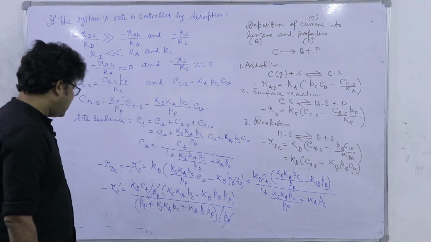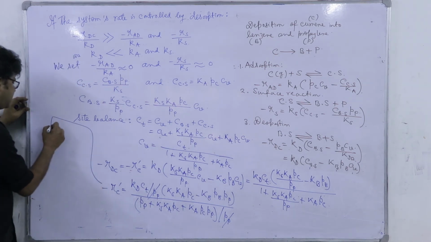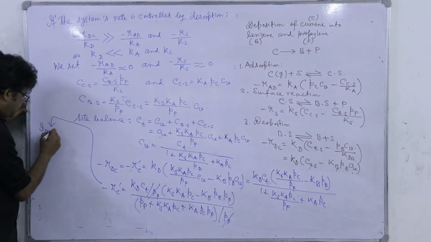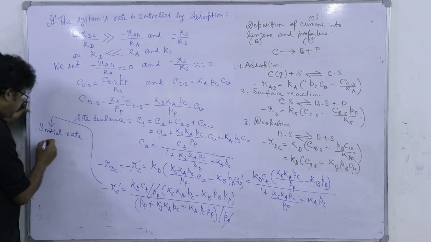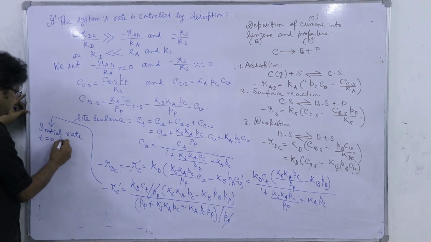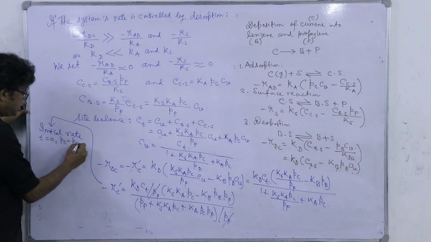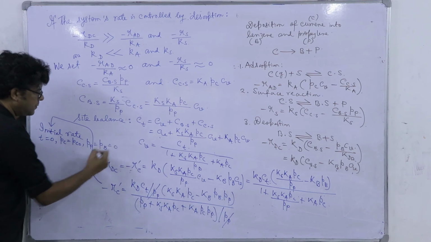So, if I think of the initial rate, at t equal to 0, Pc equal to Pc naught, Pp and Pb they are 0.